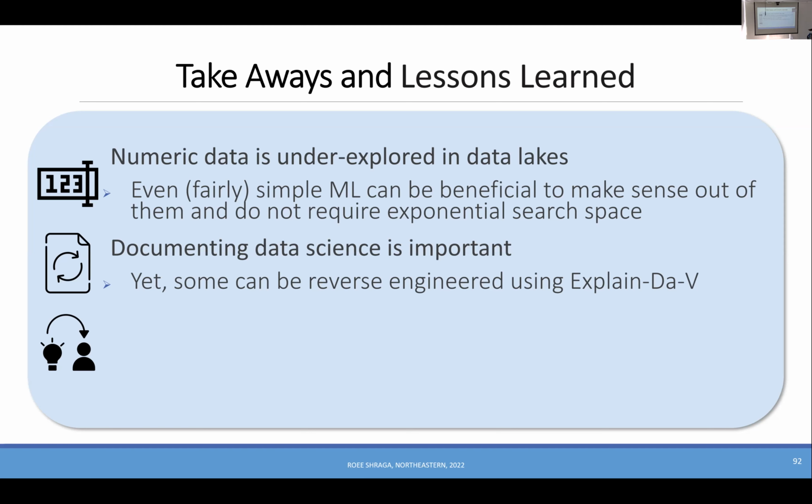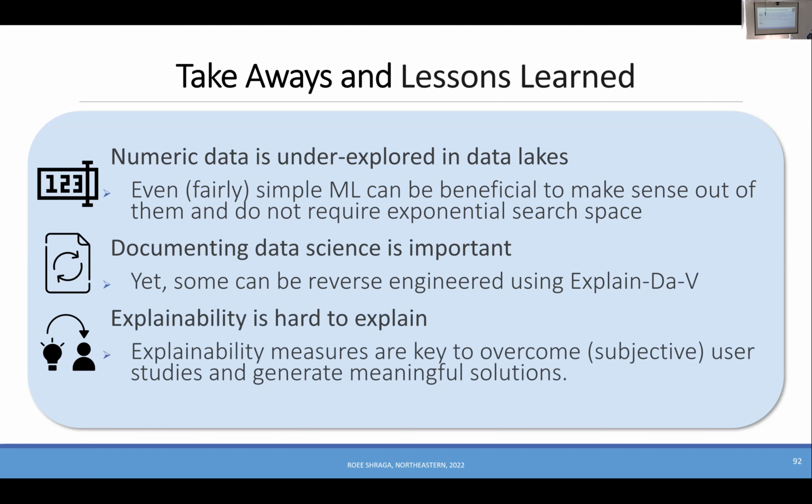Documented data science is very important. We can reverse engineer some of it using our techniques. And finally, explainability is hard to explain. So one thing that we did here is to develop some quantitative measures of explainability, even before we apply some user study. I think it's very important to develop quantitative explainability measures.